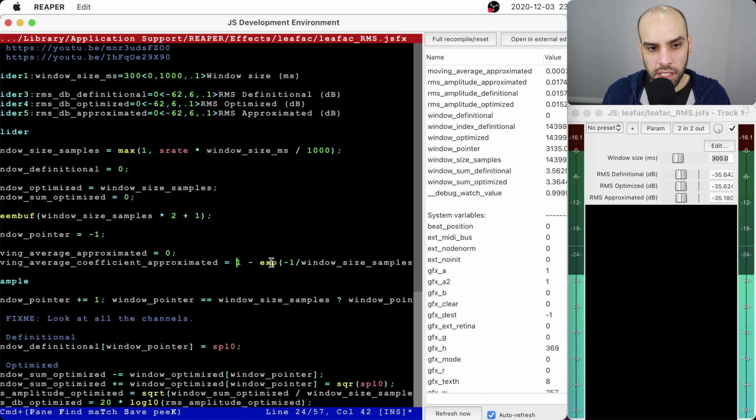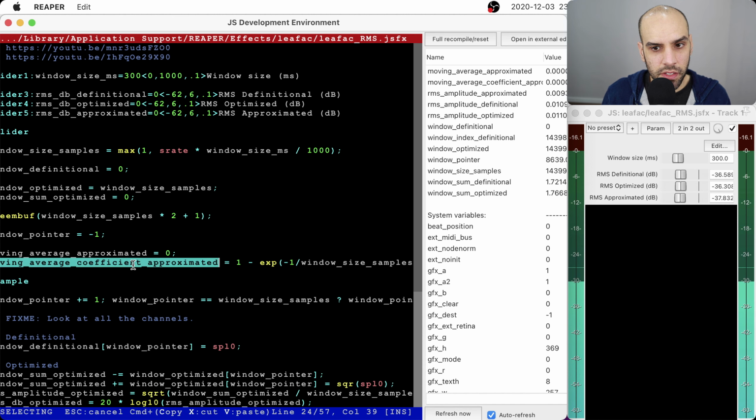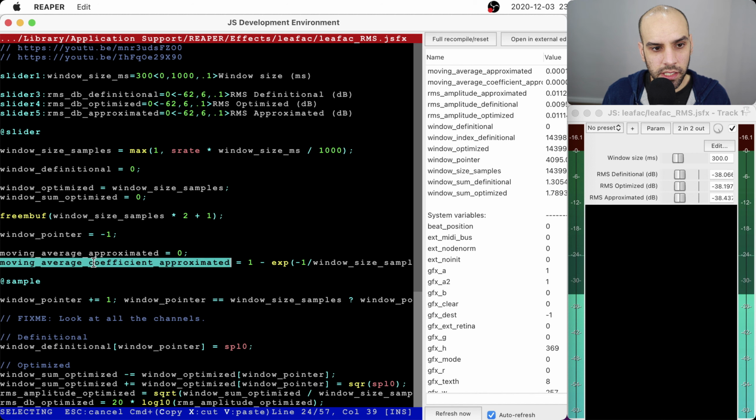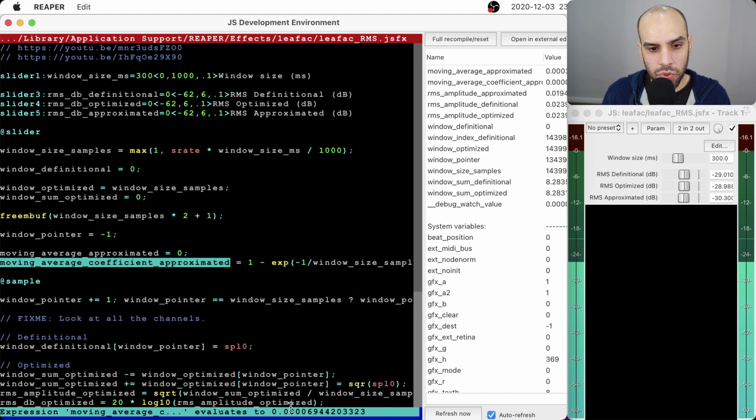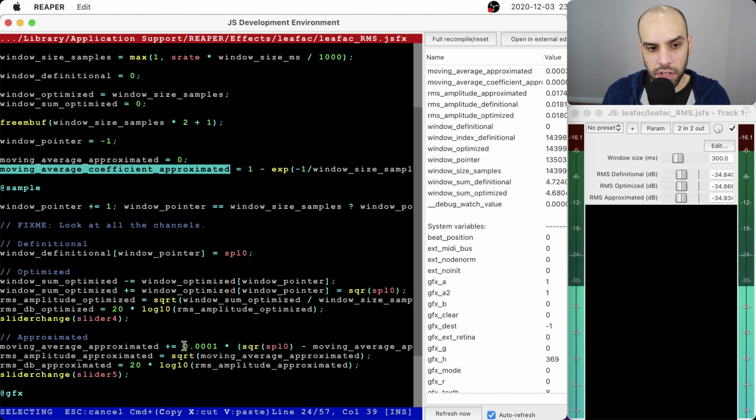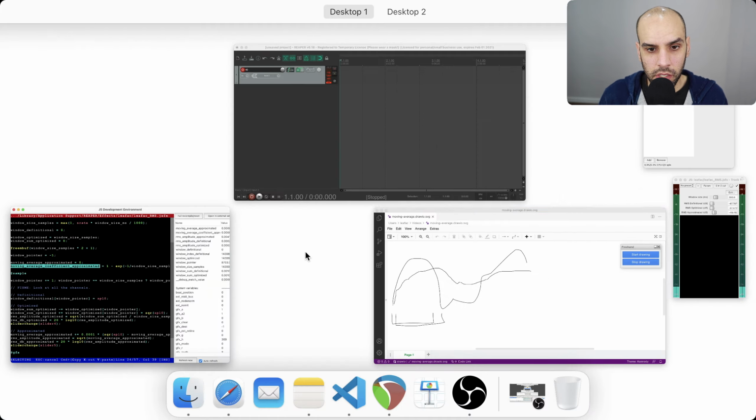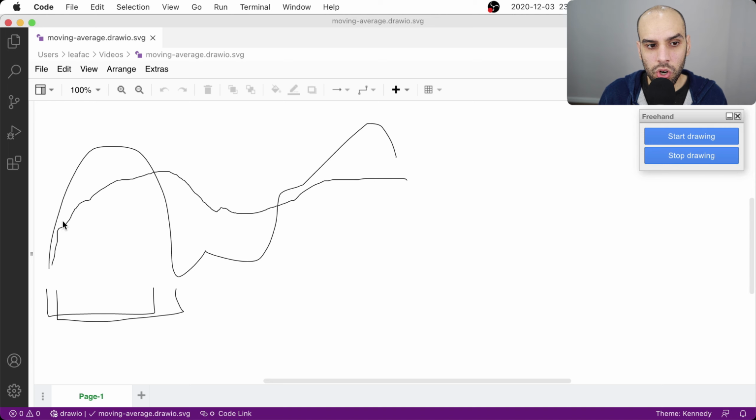So you can see that when I save this, this value is close to 0. It's a small number. And we want small numbers, because small numbers mean that our moving average is moving toward our goal more slowly.